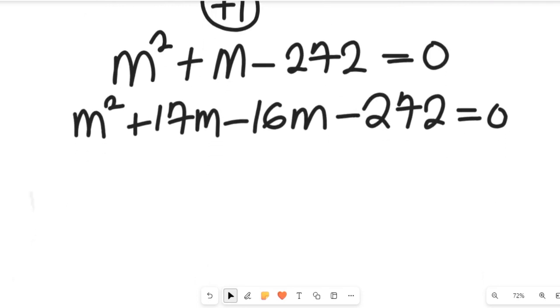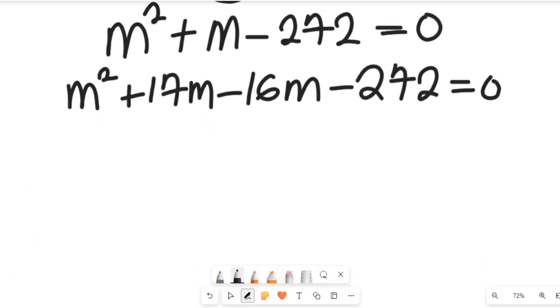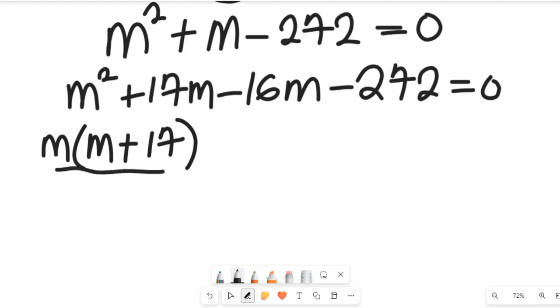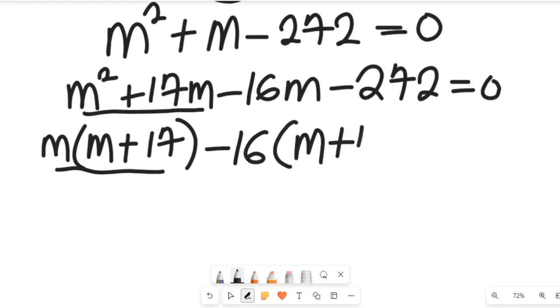Great. Now if you simplify this further, you have m common here. We'll have m times m plus 17, and if you expand the other part, you're going to have the same bracket. So this will give us negative 16 times m plus 17, and this will be equal to 0.